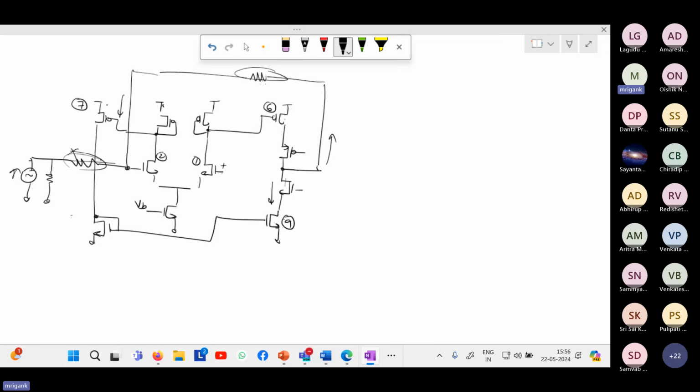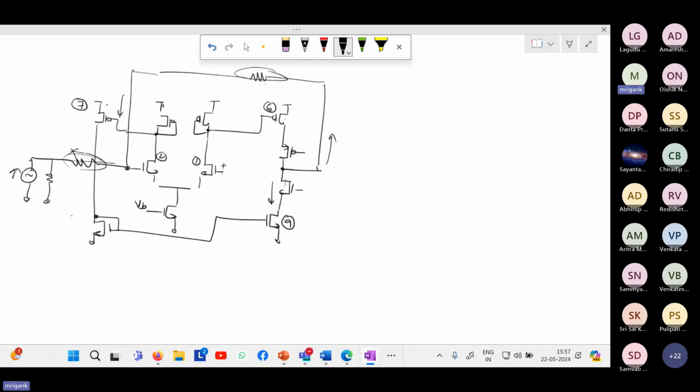Because in the negative feedback amplifier, the connection at the input is shunt. It is feeding back the output in the same terminal as the input. Therefore, there is a shunt connection at the input. And at the output also it is a shunt connection. Why? Because it is sensing the output.